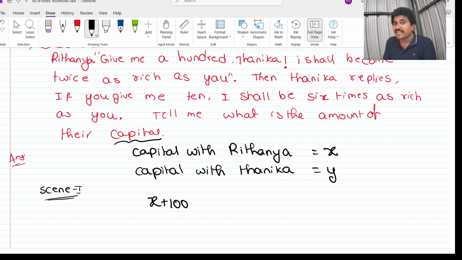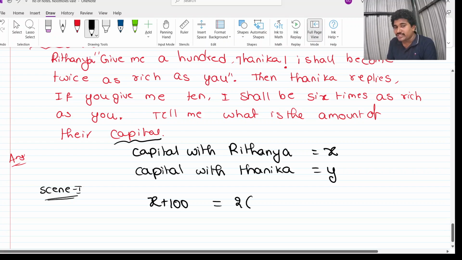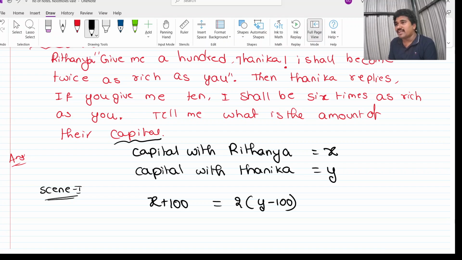Then she said, I shall become twice as rich as you. That means y minus 100. She gained 100 means Tanika lost 100, right?